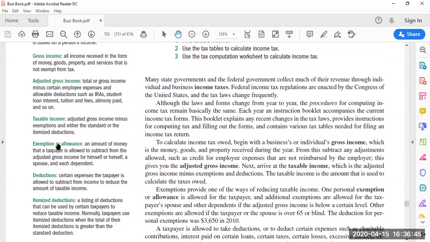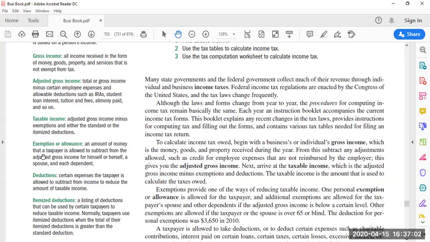Okay, exemption or an allowance. Again, an exemption or an allowance is an amount of money that the taxpayer is allowed to subtract from the adjusted gross income for himself, herself, a spouse, and each dependent.